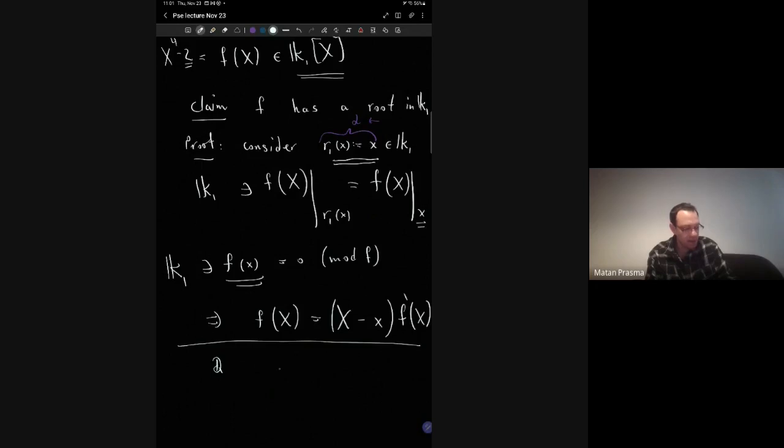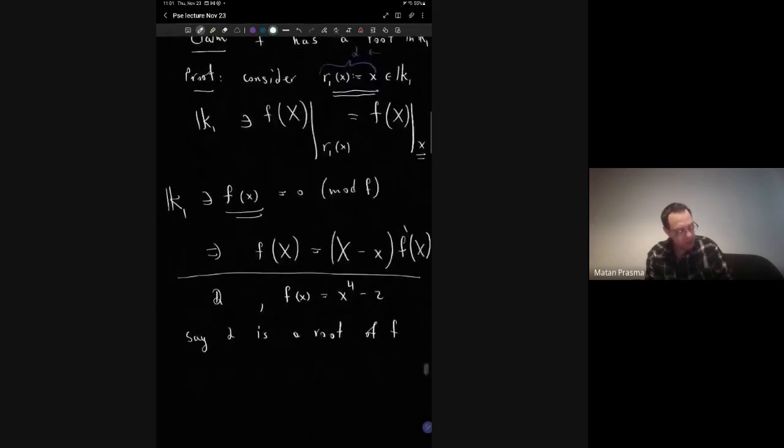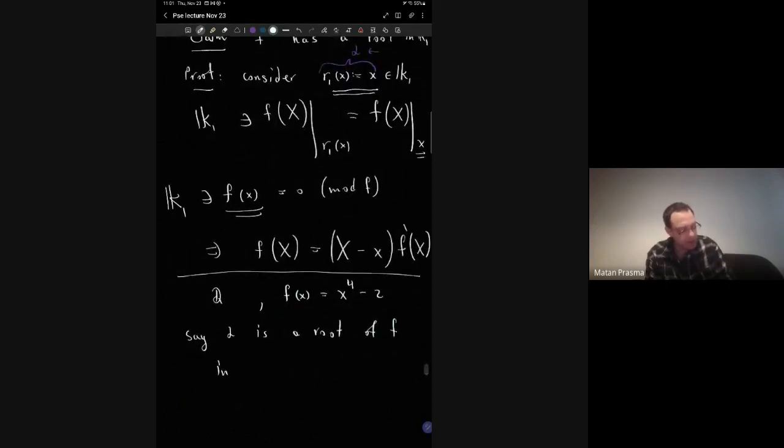I take F. In our case, F is x to the 4 minus 2, and say alpha is a root of F in some bigger field. I mean, if I knew that there is a bigger field, let's call it K.